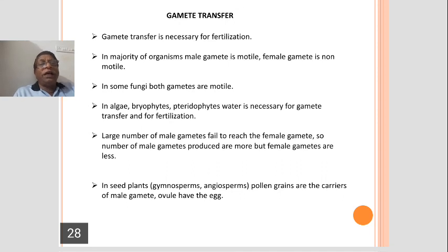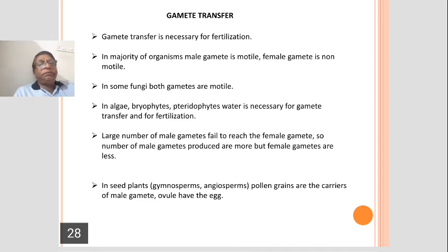Now we have seen the transfer of gamete in lower organisms like algae, bryophytes, pteridophytes, and fungi. What about in seed plants? Seed plants means gymnosperms and angiosperms.